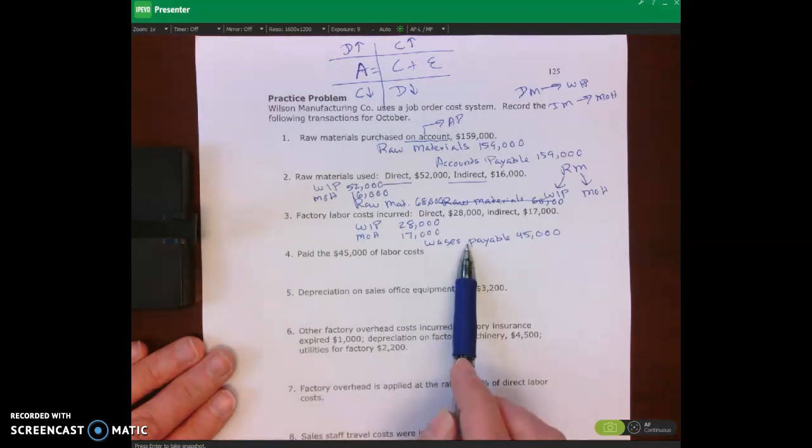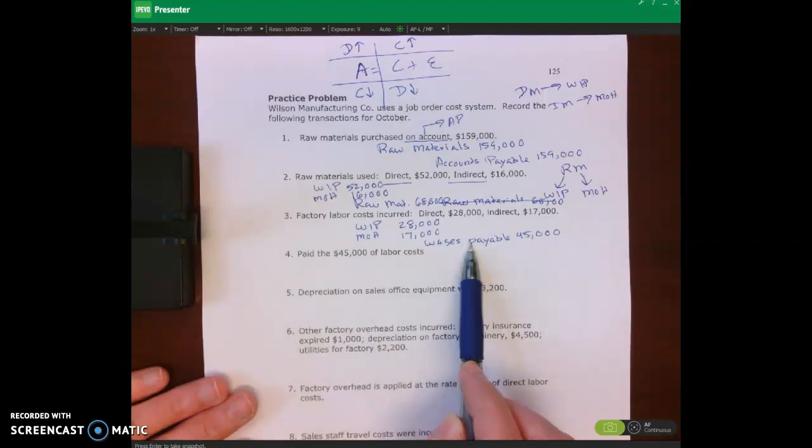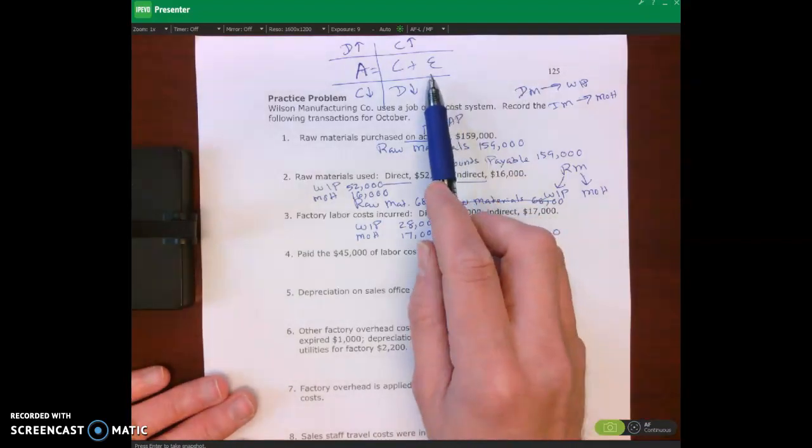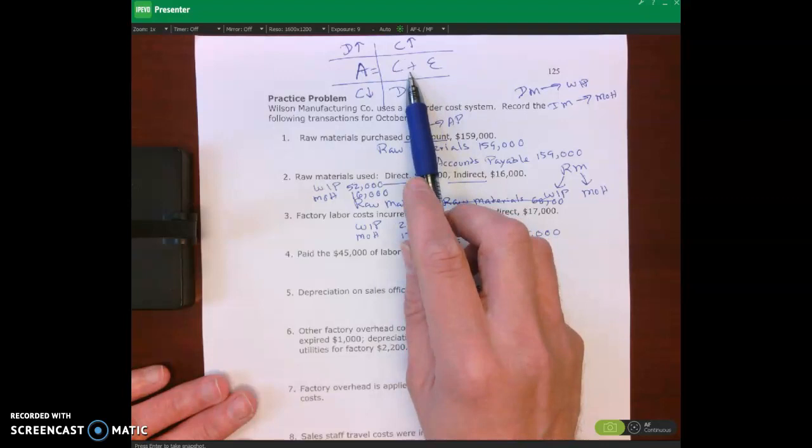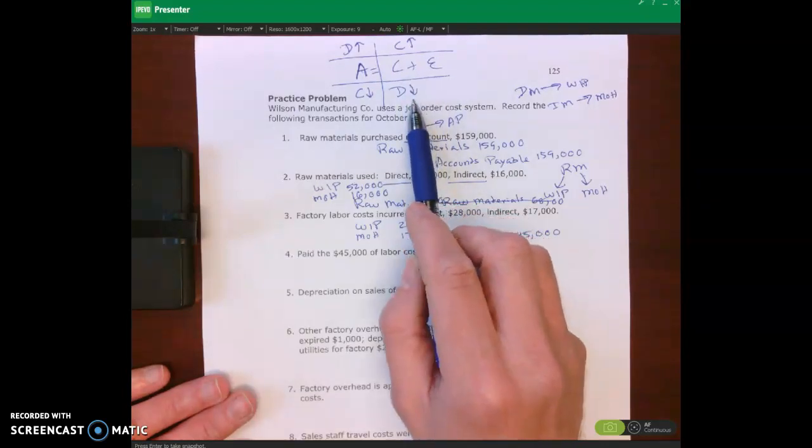Wages payable. Where do we put wages payable in terms of the accounting equation? It's a liability. My liability is going down because I'm paying it off. It's decreasing, kind of like you paying off your credit card. You don't have that credit card debt anymore. How do I recognize that my liability is going down? With a debit.